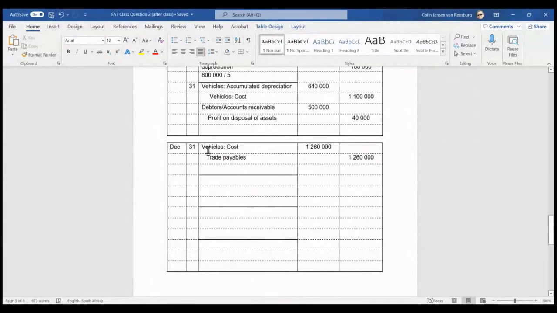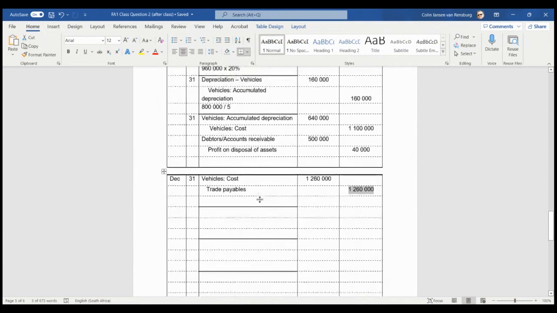So there we go, ladies and gentlemen. We're going to debit vehicles cost, the account that we already have in our books of account, with 1,260,000 rands. We're going to credit trade payables or creditors or accounts payable, whatever you call that account in your books of account, also with 1,260,000. I just copied the frame of the journals from somewhere else, so there are no further journals. So that is pretty straightforward.